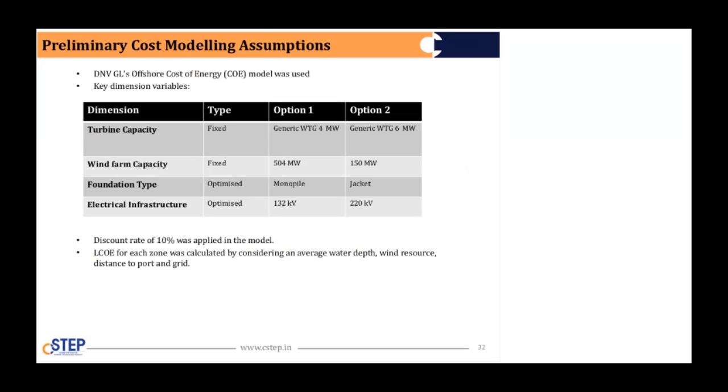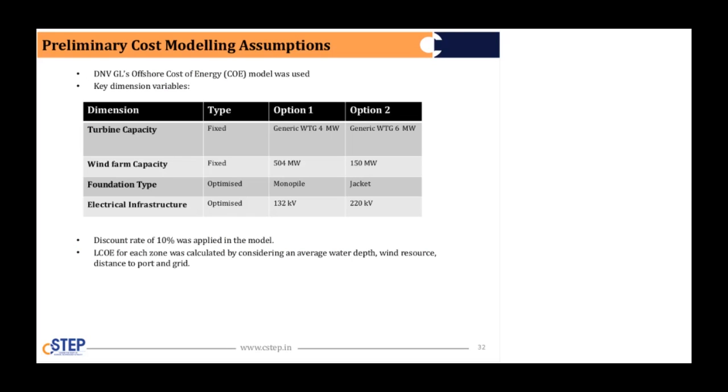DNVGL helped us generate levelized cost of energy numbers, but the DNVGL cost model was designed to model commercial scale European projects, and hence contains information and modeling capabilities of that scale. The levelized cost of energy, though, was calculated for each zone with a resolution of 2 kilometer data, which is not bad for a pre-feasibility study.